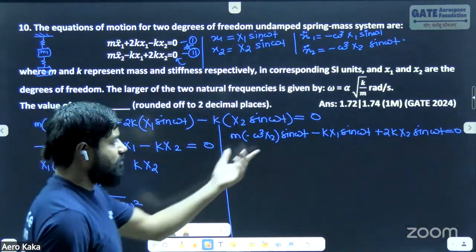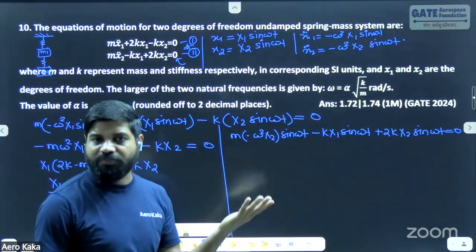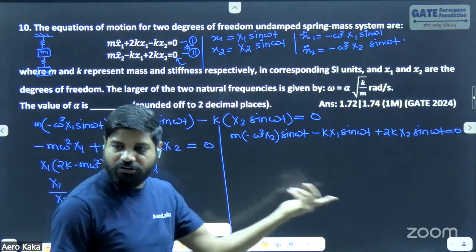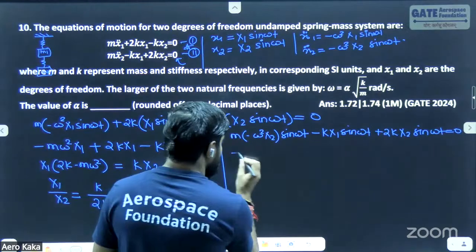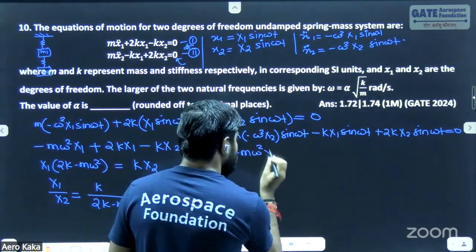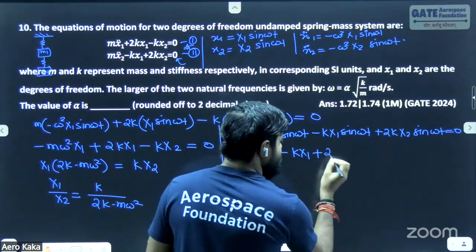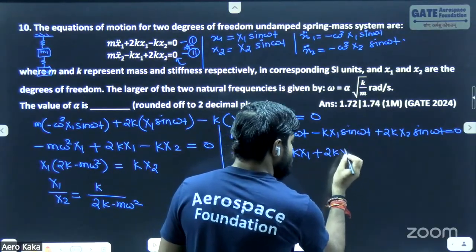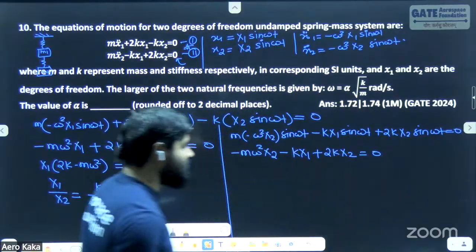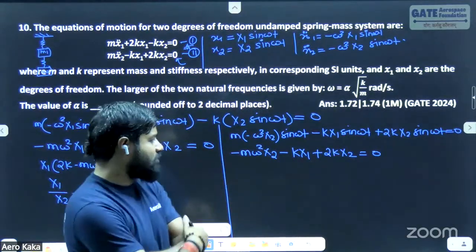What is common? Sin omega t. Sin omega t cannot be equal to 0, which means the remaining equation is going to be 0 in this case. So it is minus m omega square x2 minus kx1 plus 2kx2 is equal to 0. What is required? The x1 upon x2 ratio is required.